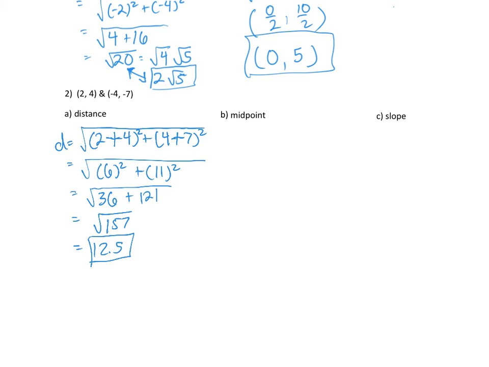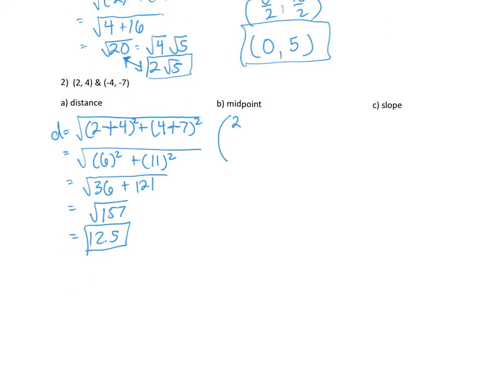My midpoint, add my x's. Yes, add my x's, so 2 plus negative 4, divide that by 2. Add my y's, 4 plus negative 7, divide that by 2. 2 plus negative 4 is negative 2. 4 plus negative 7 is negative 3.